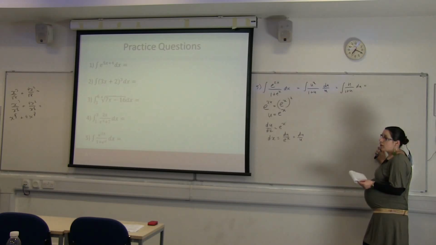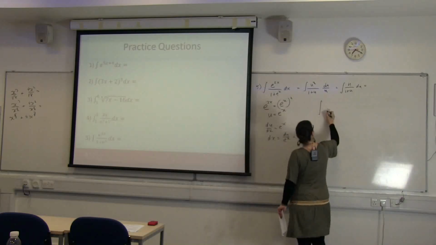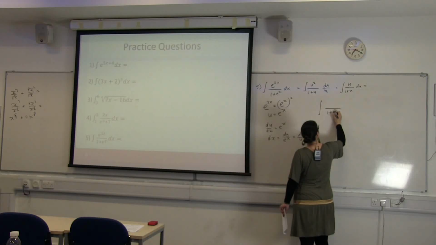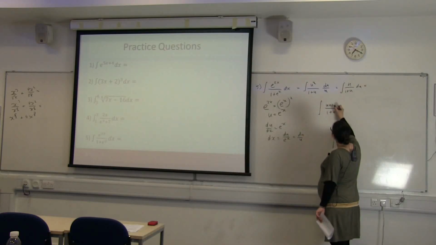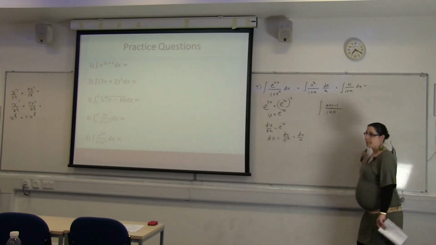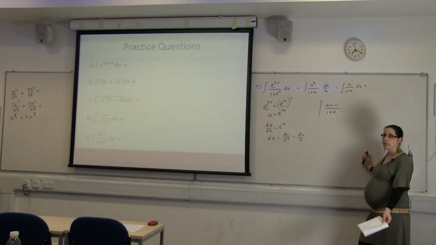Okay, what am I going to do with it now? Now here comes another very standard trick in mathematics. What I can do is add 1 and take away 1 to the numerator, because add 1, take away 1 is 0. So I've done nothing to the numerator.